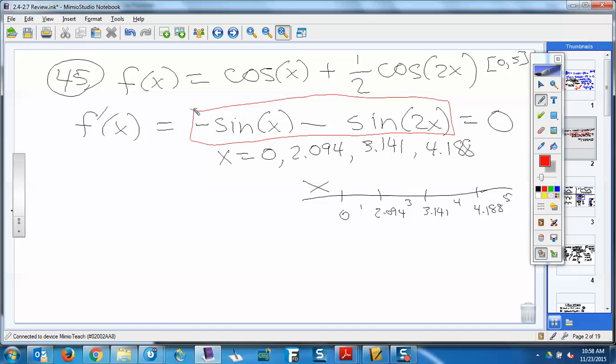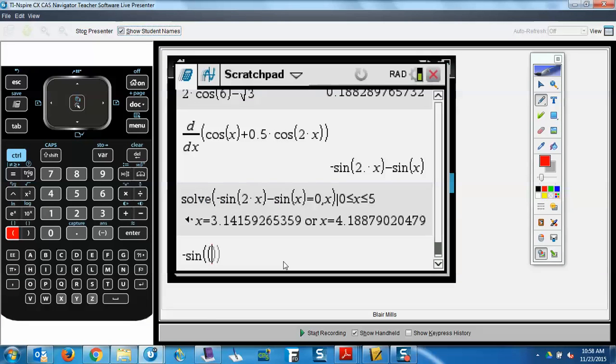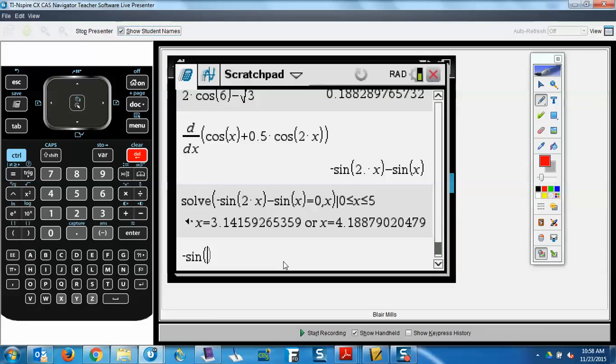So we're not going to go through that with all of them, but let's just do one, Blair. So we're going to plug a 1 into that. So just do that. Here's your derivative right here. So we're going to plug a 1 in for x. So 2 times 1 would be 2, and then minus sine of 1.